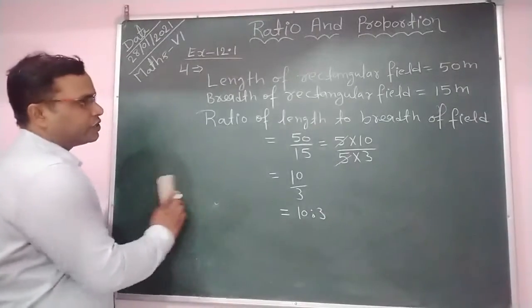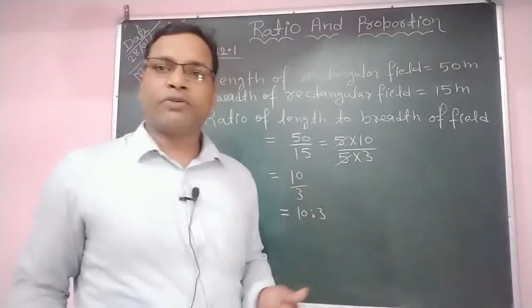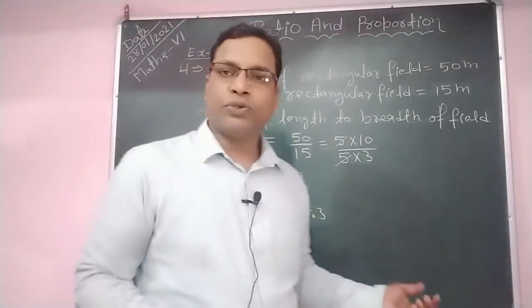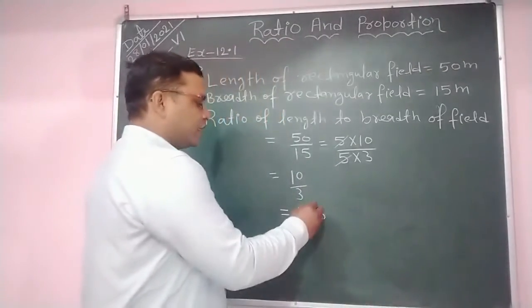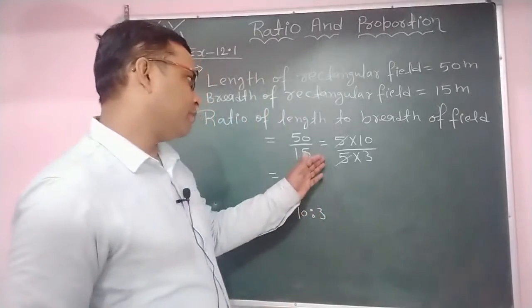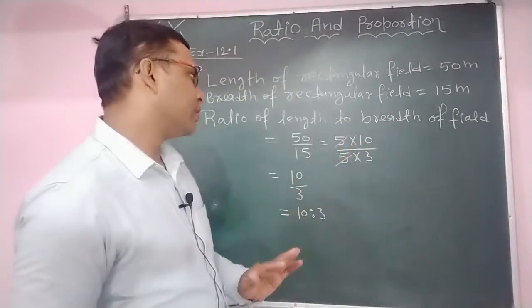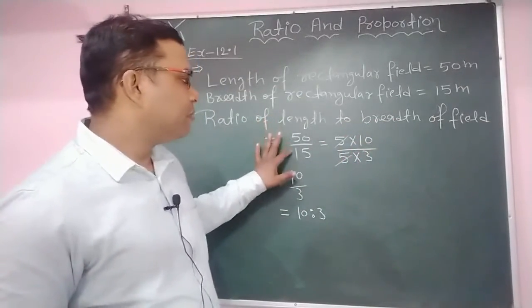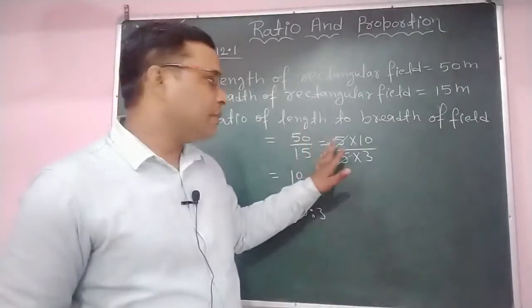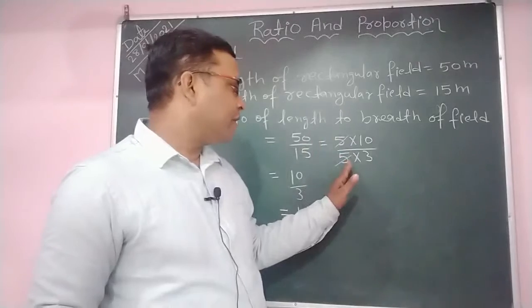So students, you can see here we find the ratio of length and the breadth of the rectangular field is 10 ratio 3, whose length is 50 meters and breadth is 15. Okay. So first you write 50 upon 15, and 50 you can write as 5 into 10, and 15 as 5 into 3.